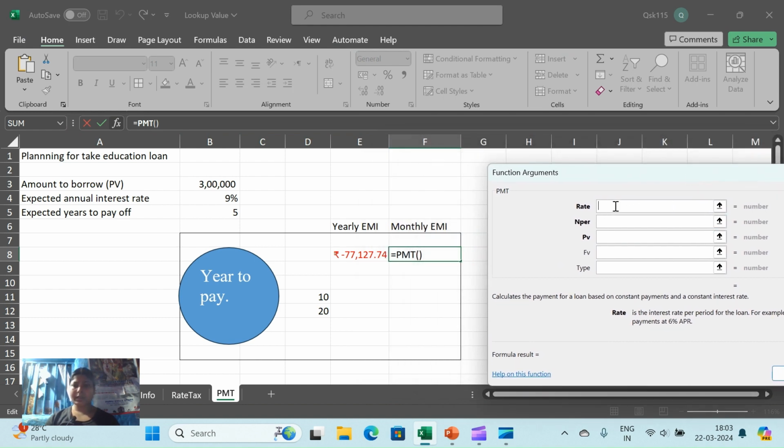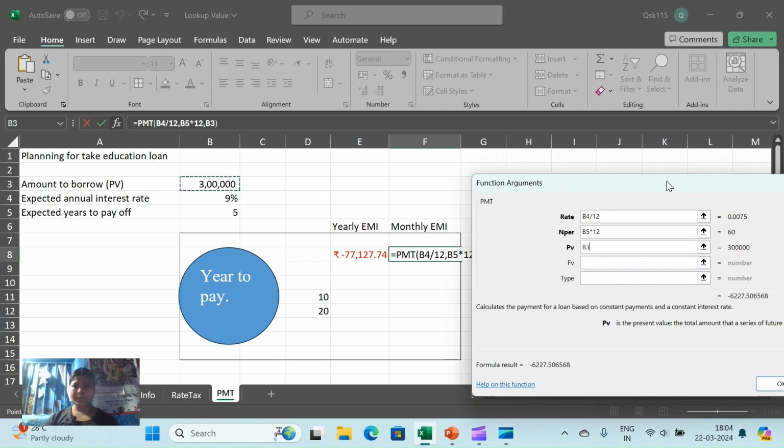We need the rate of interest, which is 9%, and the number of years, which is 5 years. But at the same time we will multiply and divide within our formula. For the rate of interest, we need to divide to get the monthly result, right? So divided by 12. The number of years we need to multiply, multiply into 12. Now we need to select the principal value, which is 3 lakh.